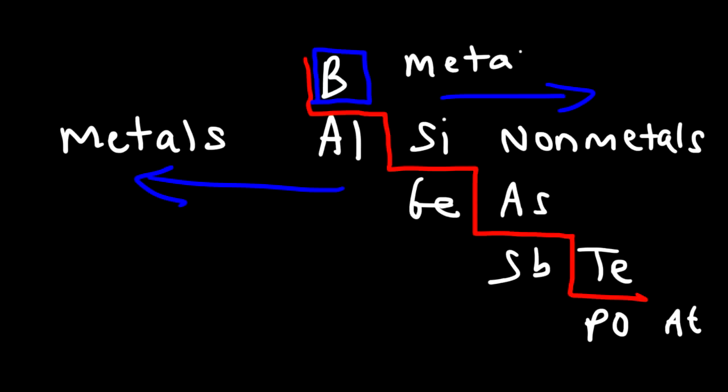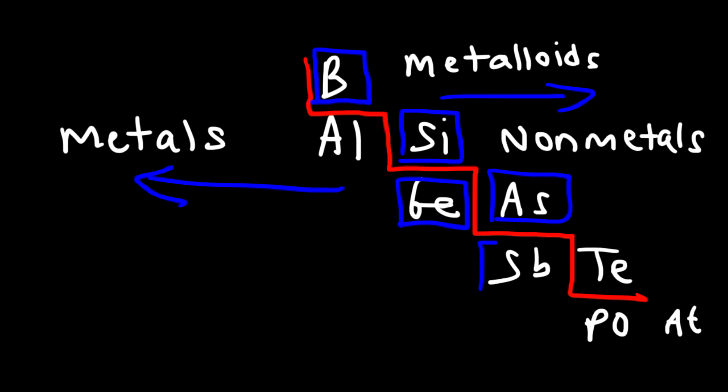So metals, they conduct electricity. Nonmetals do not. They are insulators. Metalloids are in between. They can conduct a small amount of electricity. So the metalloids that you need to be aware of are boron, silicon, germanium. Aluminum is a metal. It conducts electricity very well. Arsenic, antimony, Te. These are metalloids.